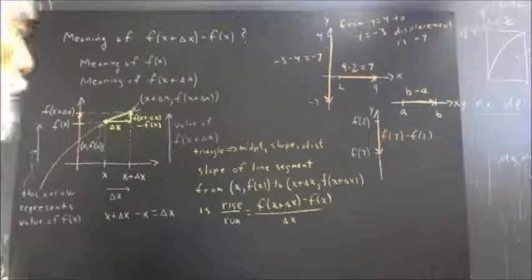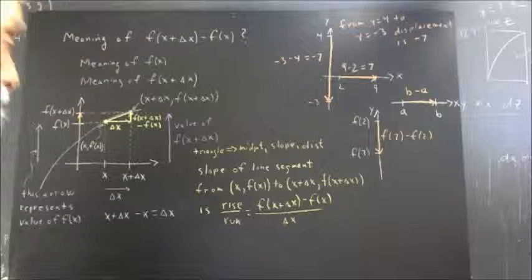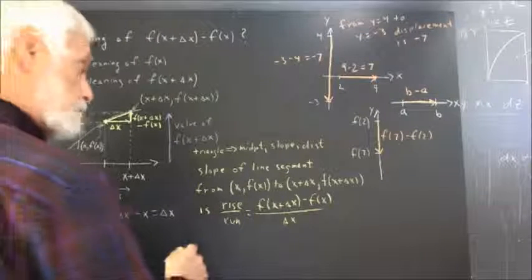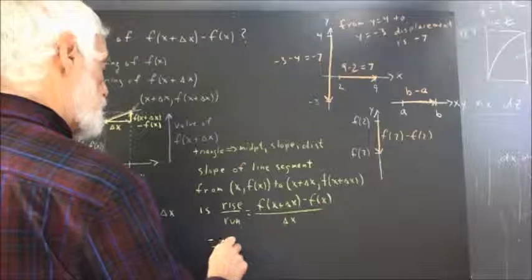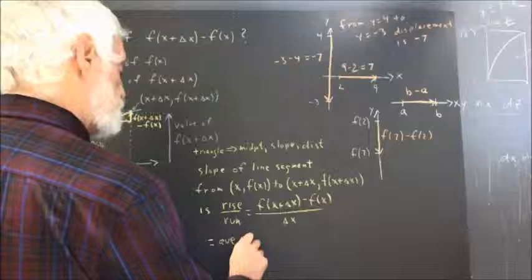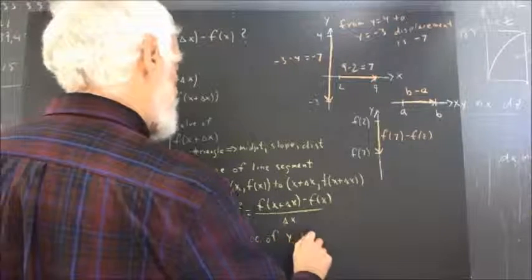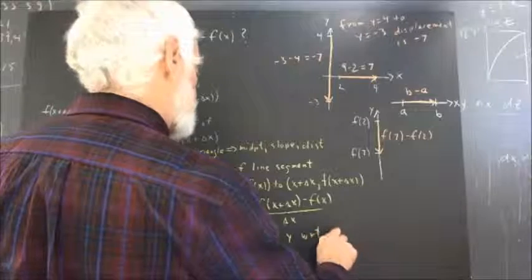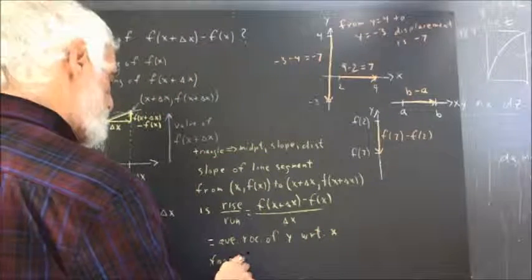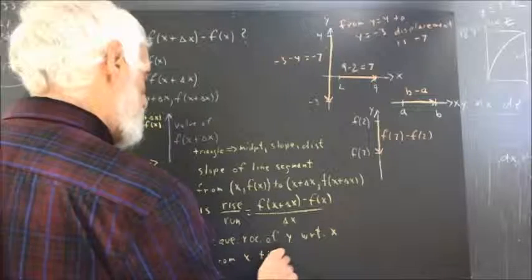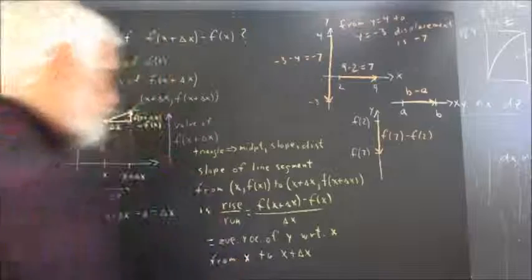And that's the slope of the graph. Now this is the average rate of change of y with respect to x from x to x plus delta x.